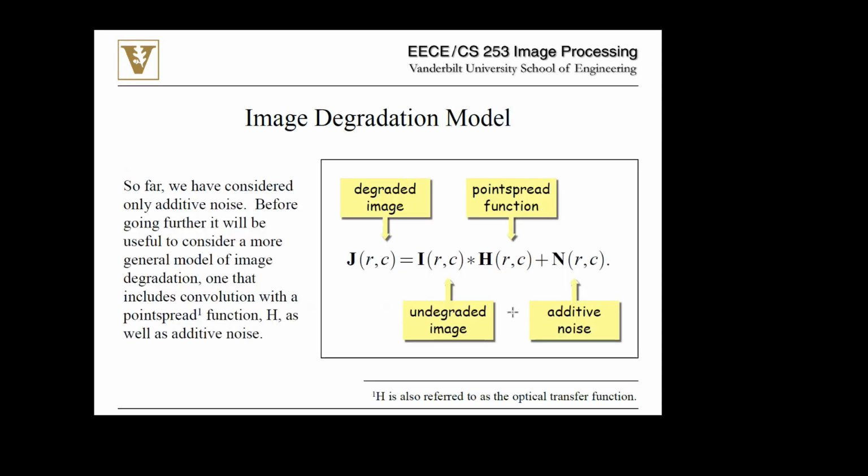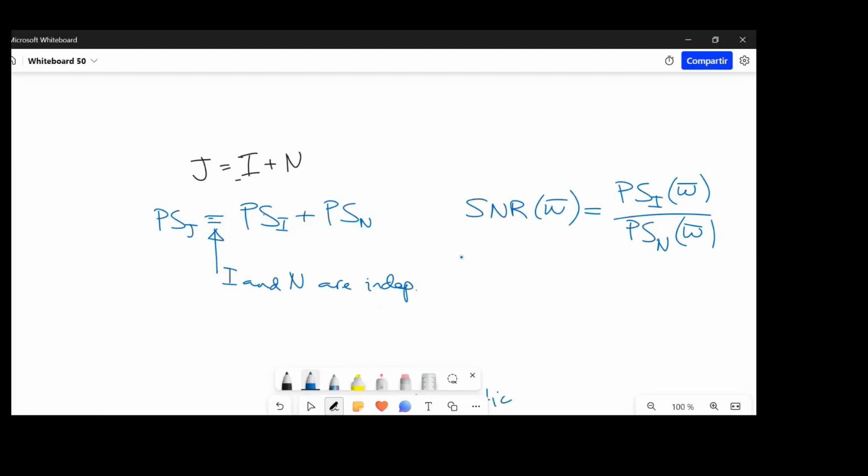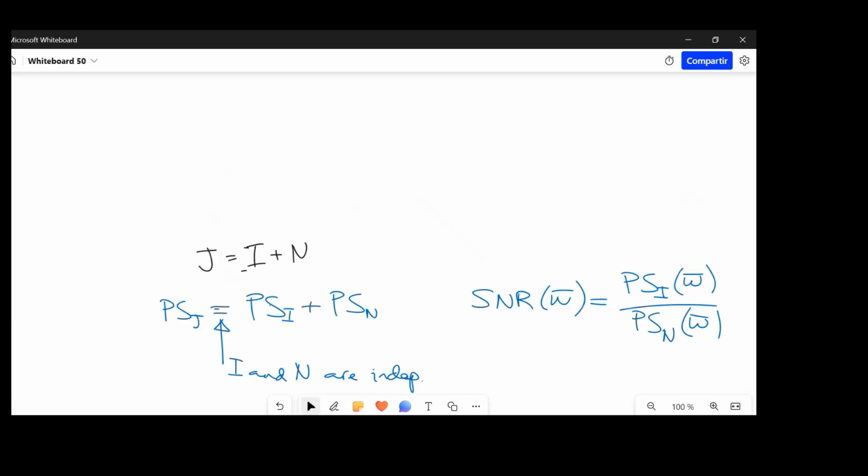And on the way, we will also complicate a little bit more the image formation model. So now we will have a point spread function. The system will go like this. Our previous system was: I goes directly to noise.